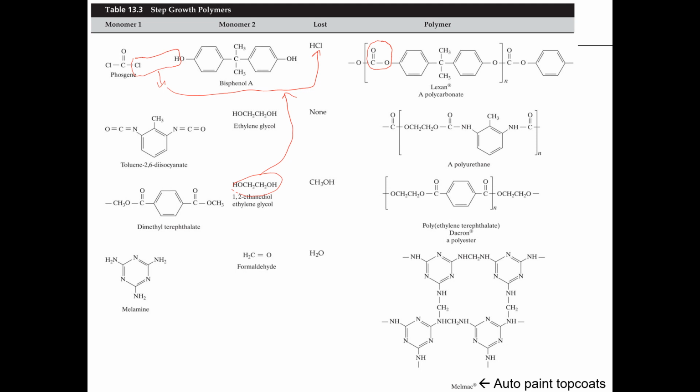And again, that's a very processable plastic, and you might have a little bit of that reactant left in it. So BPA would be the reactant that's left over. And so you certainly can make BPA-free plastics by using some of these other tools, like toluene diisocyanate, melamine, dimethyl terephthalate.